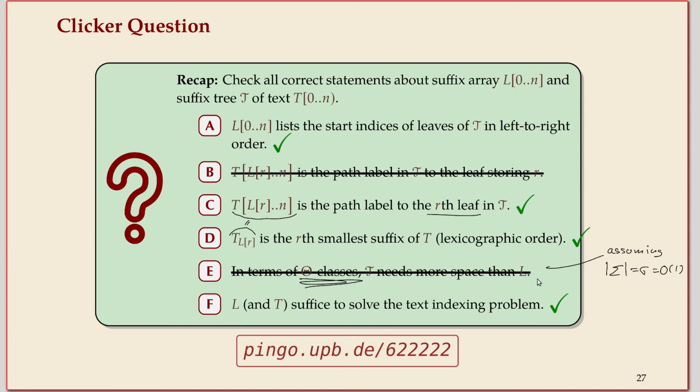So that one was a little bit mean, because it is true that the constants are very different. So theta of n for both, but the suffix array stores a single number, and the suffix tree stores on the order of 10 numbers for each node, or something like this, depending on the alphabet size, depending on the details, if you need parent pointers, etc. But that will definitely be the main motivation for suffix arrays.